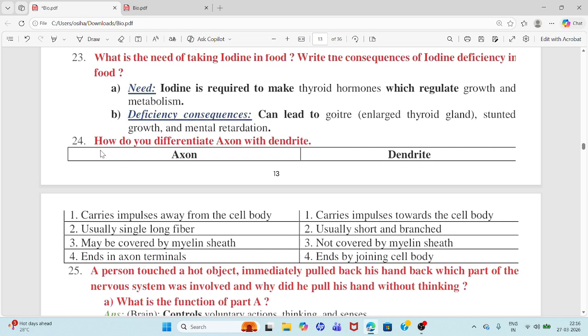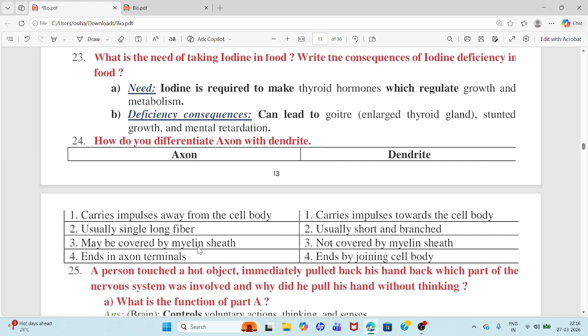So 24th question. How do you differentiate axon and dendrite? Axon carries impulses away from the cell body. Dendrite carries impulses towards the cell body. Carries away, carries towards. Axon is usually a single long fiber. Dendrite is short and branched.